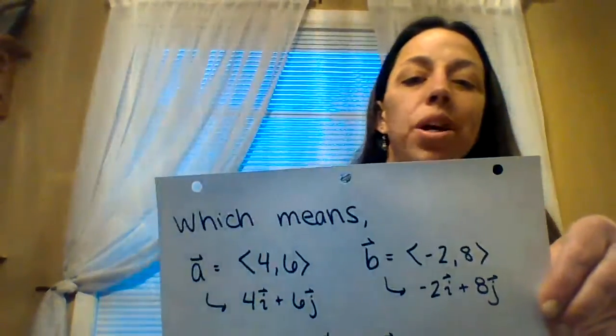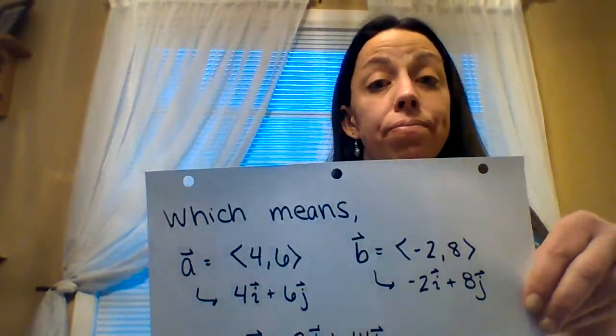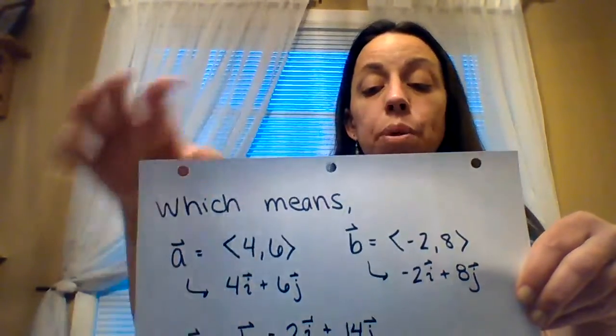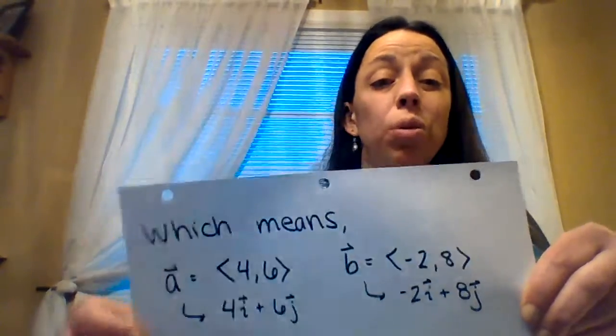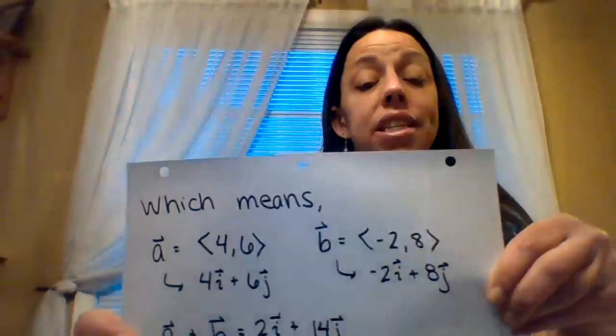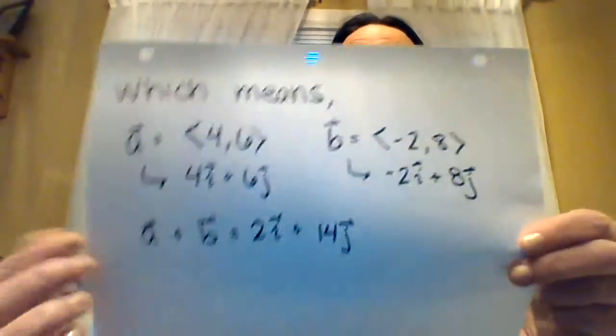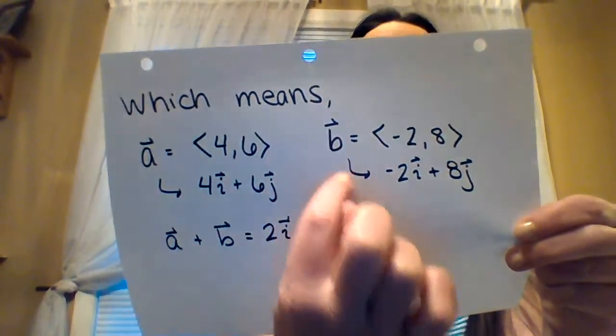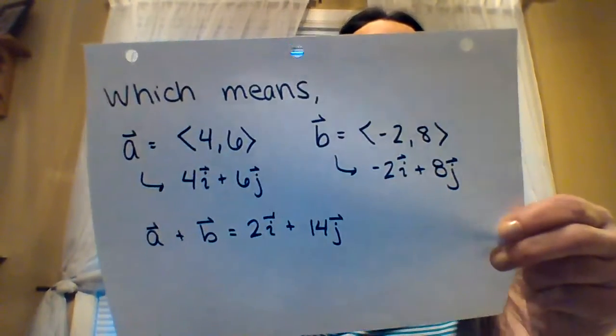So you know how a few days ago when we did A plus B, we would just do 4 plus a negative 2 and we would get 2, but we would have them in these vector brackets instead. If we would want to, we could pretend that A is 4i plus 6j and B is negative 2i plus 8j.